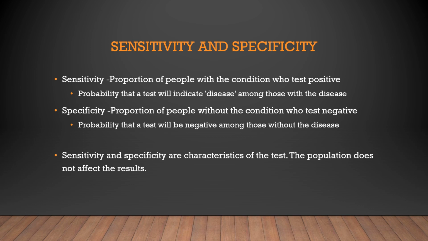That is sensitivity. Specificity is the proportion of people without the condition who test negative, or the probability that a test will be negative among those without the disease. To put it simply, sensitivity and specificity are functions or characteristics of the test. They do not depend on the population, they do not depend on the prevalence.